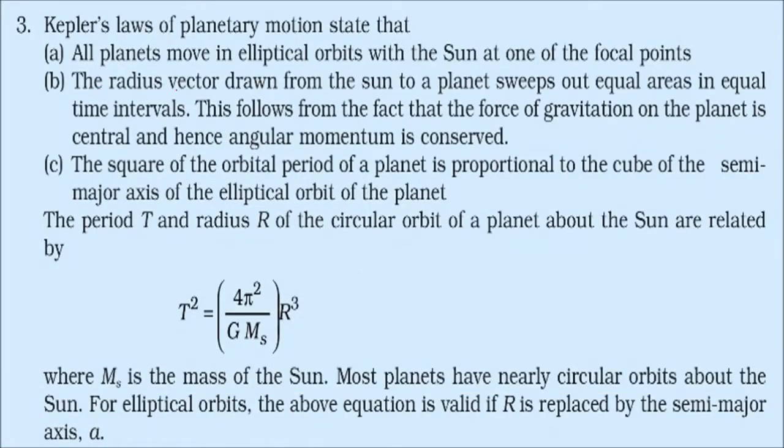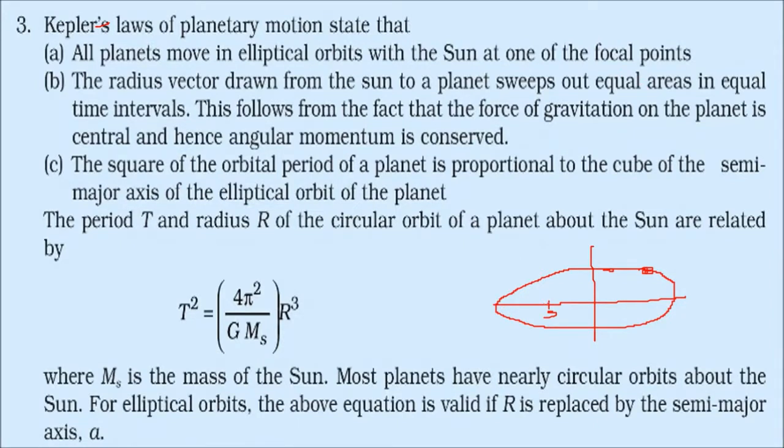Kepler's laws of planetary motion are three very important laws. The first: all planets move in an elliptical orbit with the sun at one of the focal points. So this is the elliptical orbit, and this is the sun at one focal point, and all are moving like this. The second: the radius vector from the sun to the planet sweeps equal areas in equal time intervals.